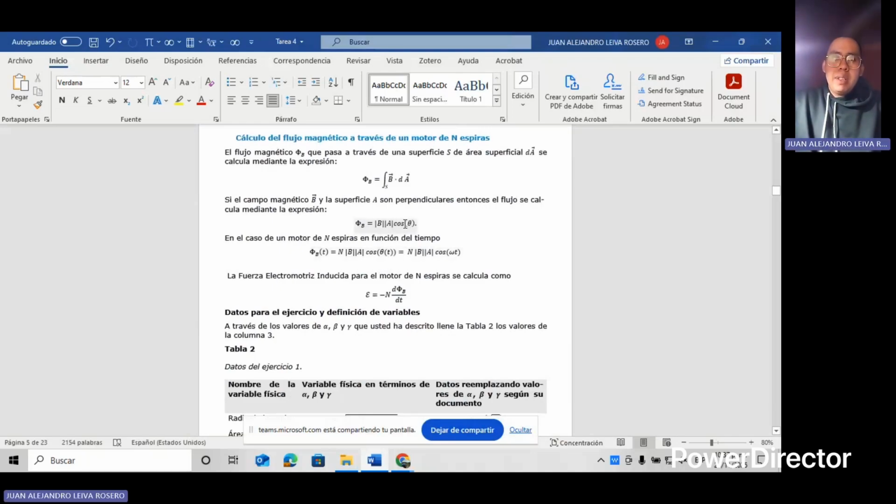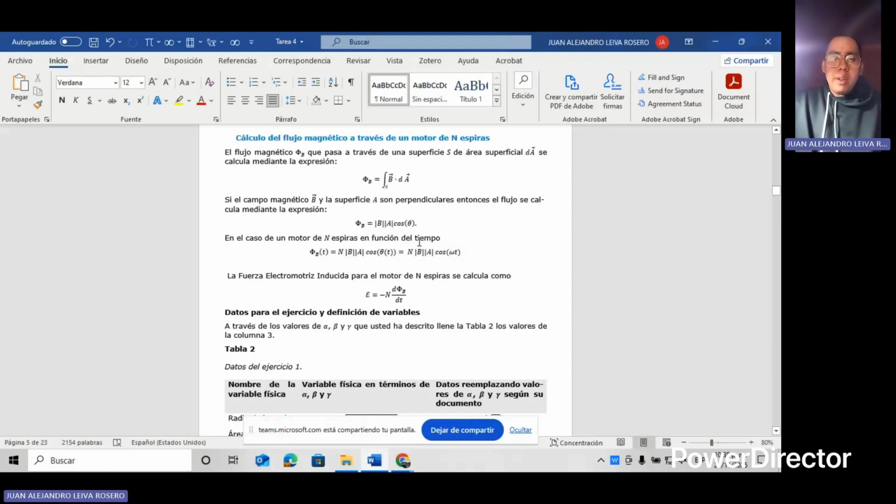where theta represents the angle between the magnetic field vector and the normal vector to the surface. This is particularly important in rotating systems like the motor, where this angle changes continuously.